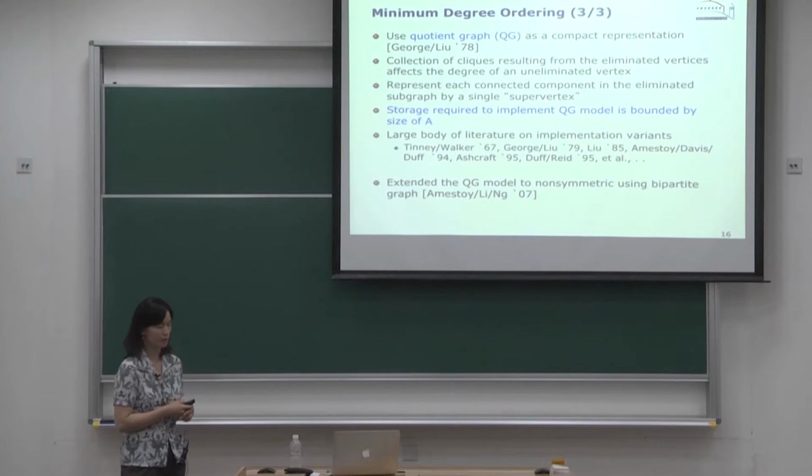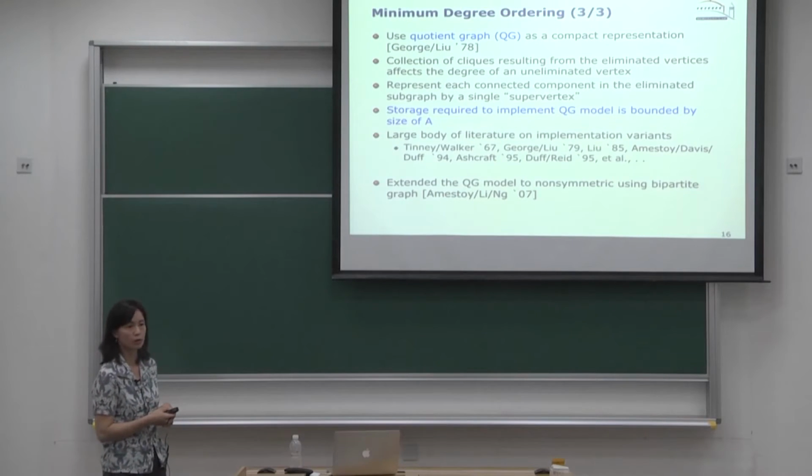Because remember yesterday I mentioned that the fill ratio could be 20 or 50 for the 3D problem. So if you implement this naively in a straightforward way, the size of your graph could be 50 times larger than the original graph. That's very important from an implementation point of view.